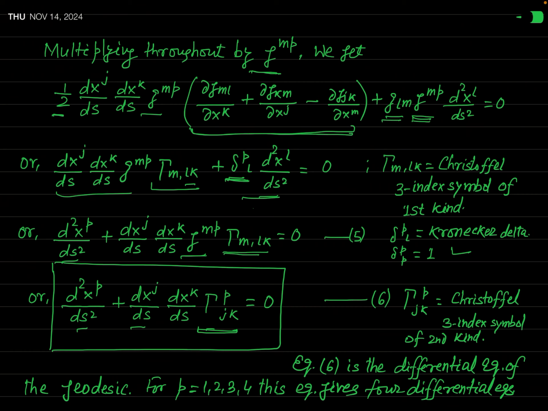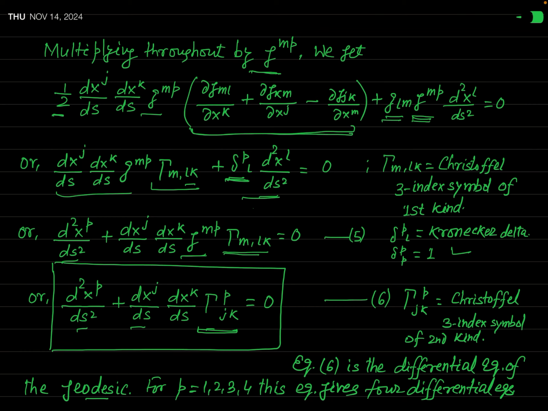Actually, this differential equation has been obtained on the basis of the condition for extremum, and this very equation is known as the differential equation of the geodesic, or you can say this is the general equation of a geodesic.